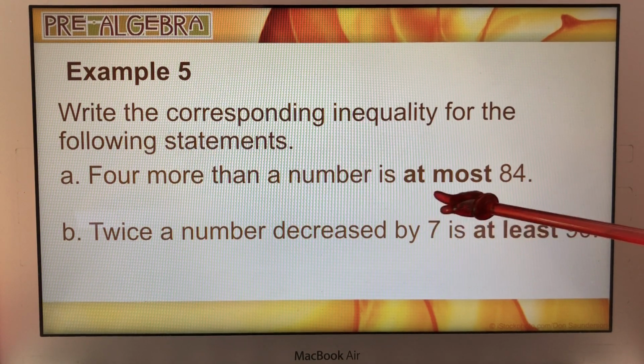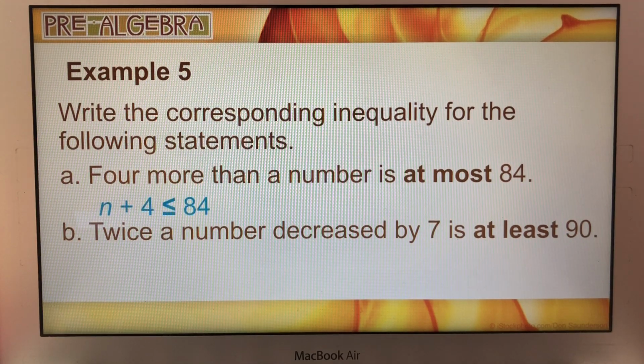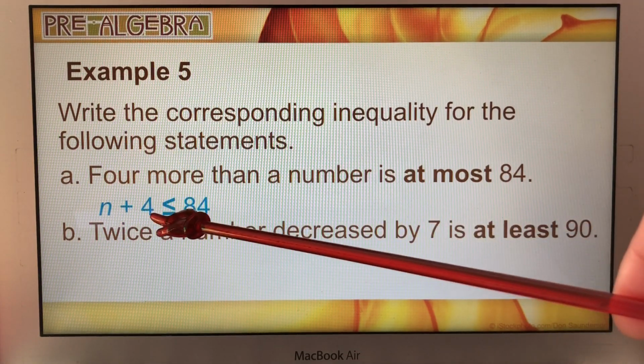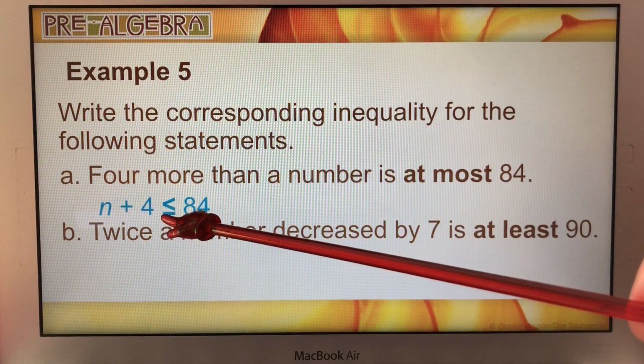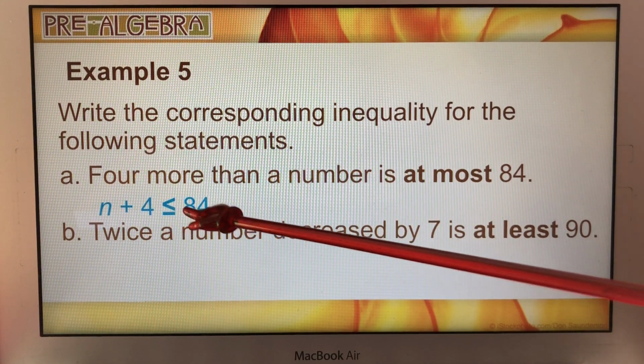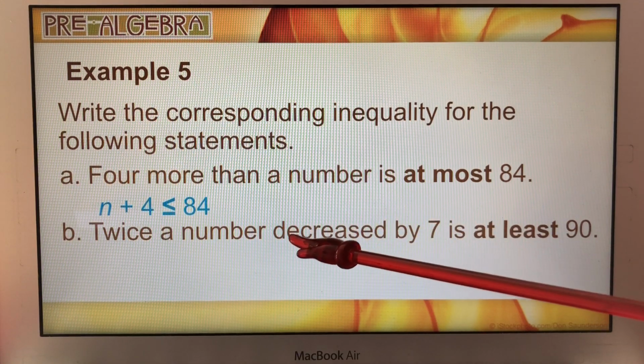Less than or equal to. 4 more than a number: n is our number, plus 4 is at most, that means less than or equal to 84. No more than 84.